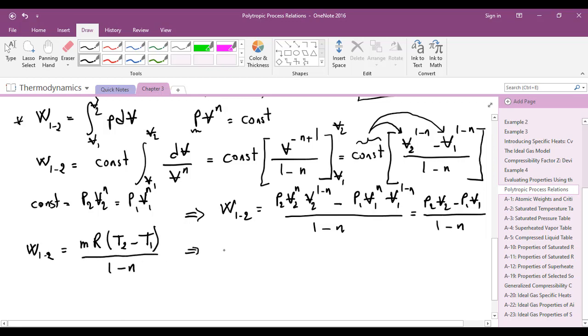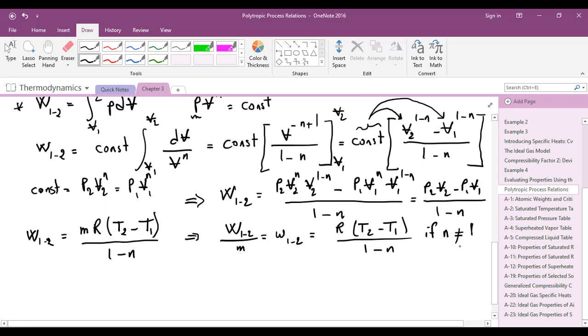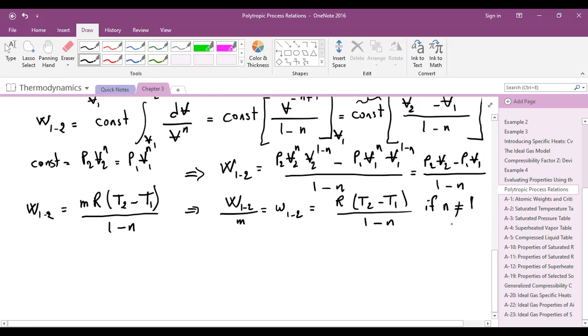If we want to write it as the specific work, small w, it will be equal to R (T2 minus T1) over 1 minus n. So this equation is applicable, of course, if n is not equal to 1, so if the process is not isothermal.